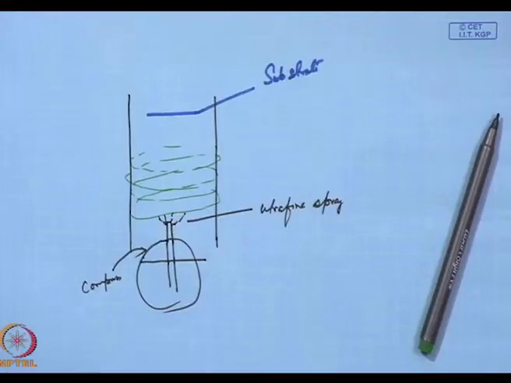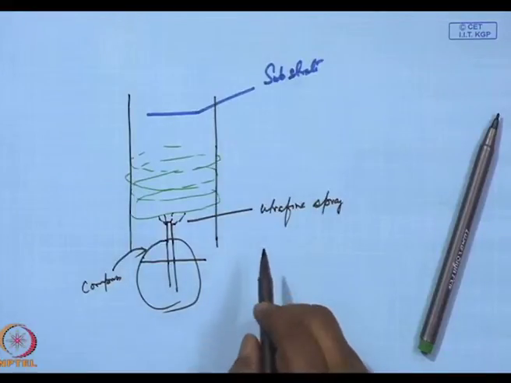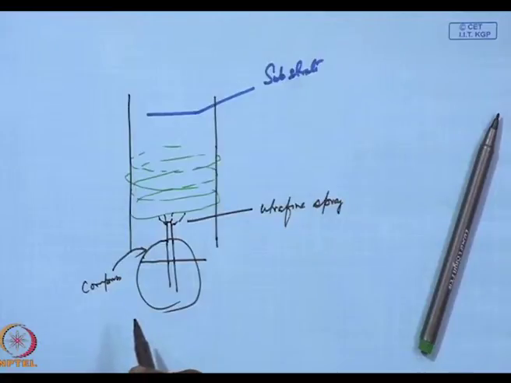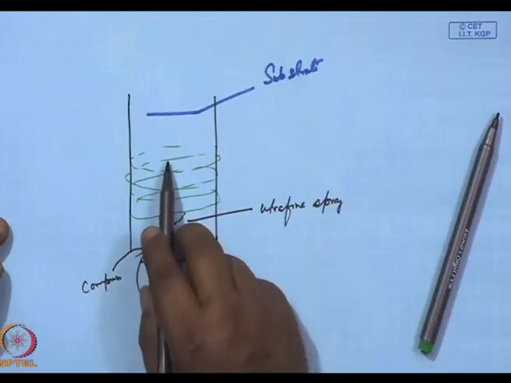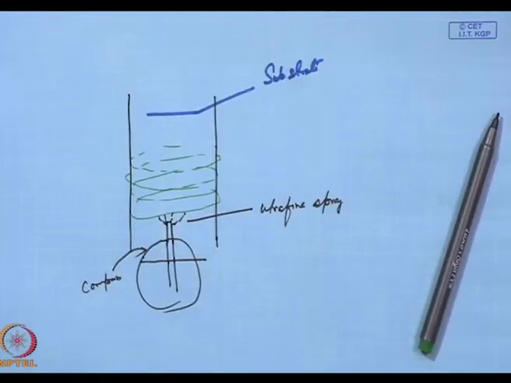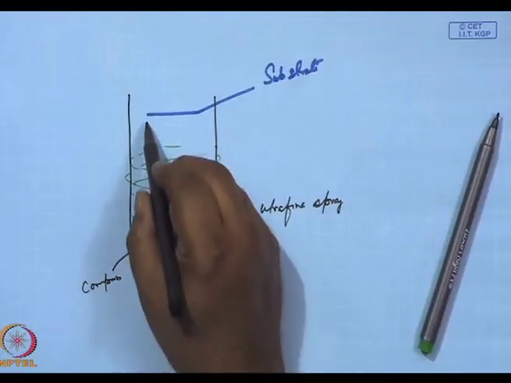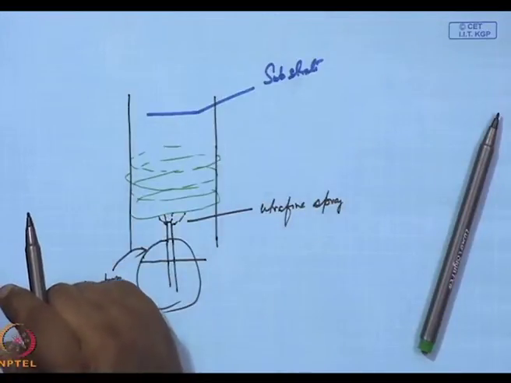So, now I have redrawn it, that is, I am back to where I was. I have a nebulizer which is giving off an ultra fine spray. It goes to this hot zone where the zinc acetate decomposes to give you zinc oxide, carbon dioxide and water. The zinc oxide deposits on top of this.